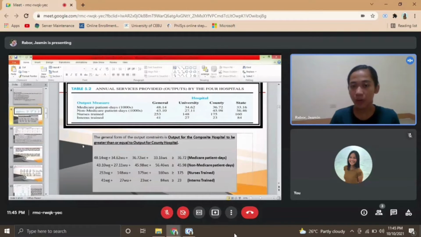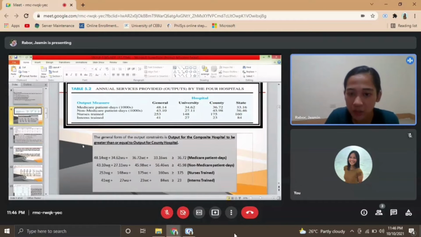Table 5.2 shows the annual services provided by the four hospitals, or the outputs of the four hospitals. There are four given outputs, namely Medicare patient days, non-Medicare patient days, nurses trained, and interns trained. Medicare patient days: 48.14 for general, 34.62 for university, 36.72 for county, 33.16 for state.